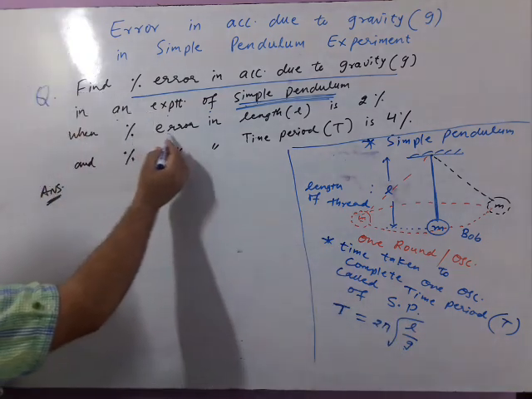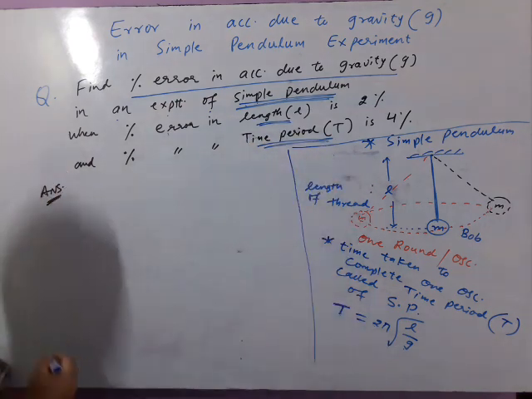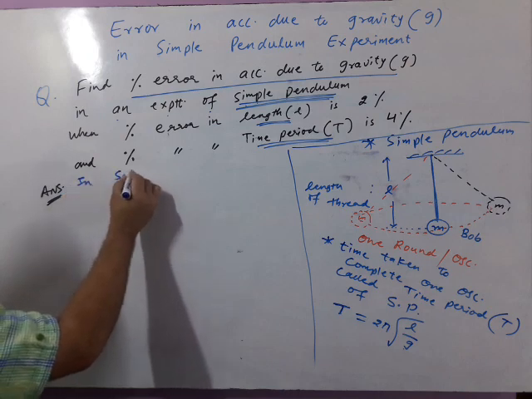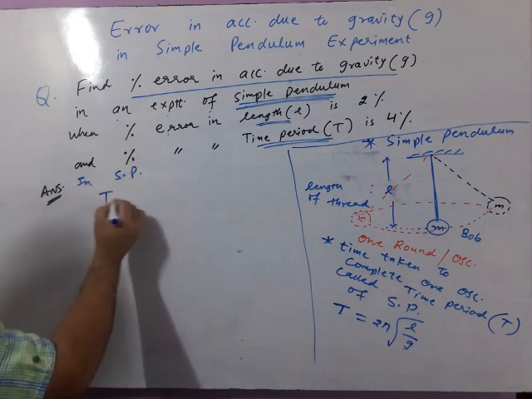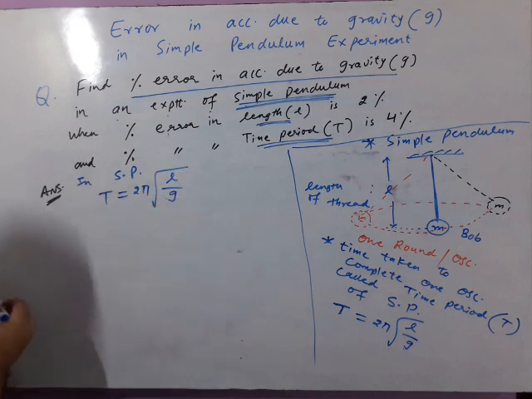Now you are given percentage error in length and percentage error in time period. So in answer you will say, in simple pendulum, time period is 2 pi under the root L by G. You should remember this formula now onwards.